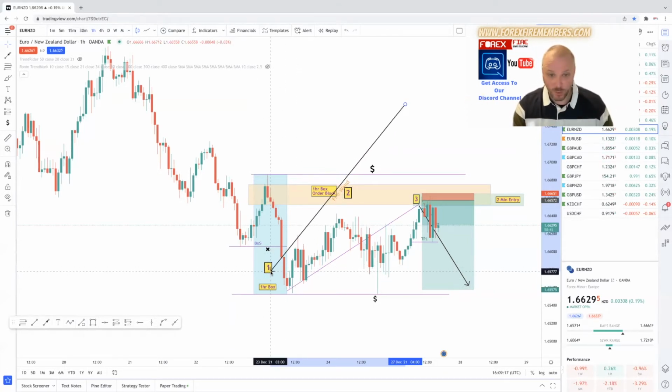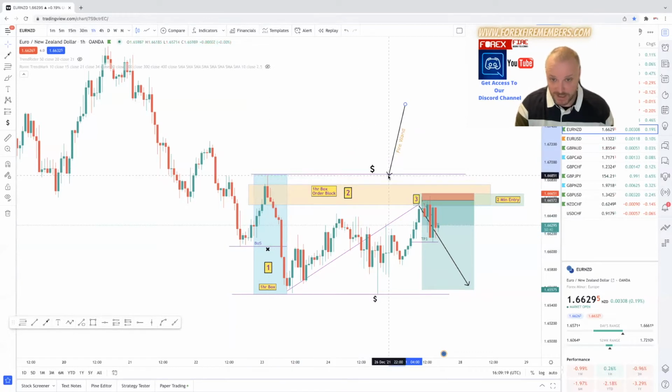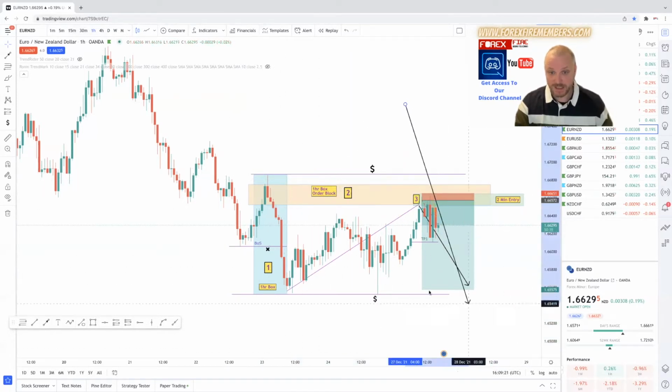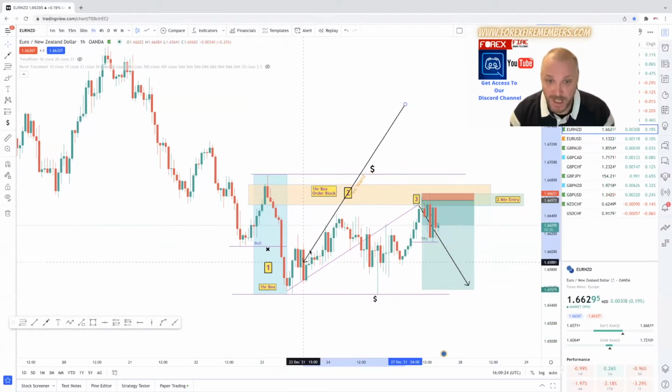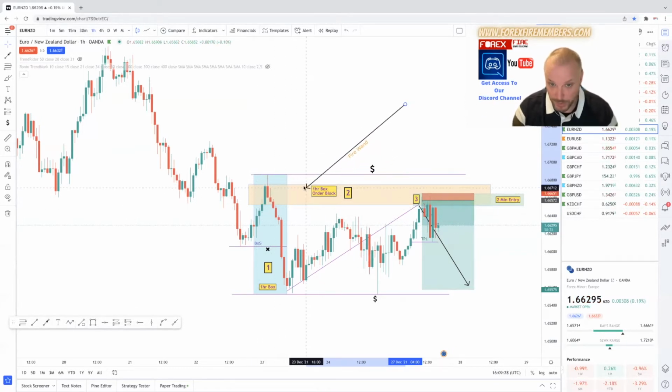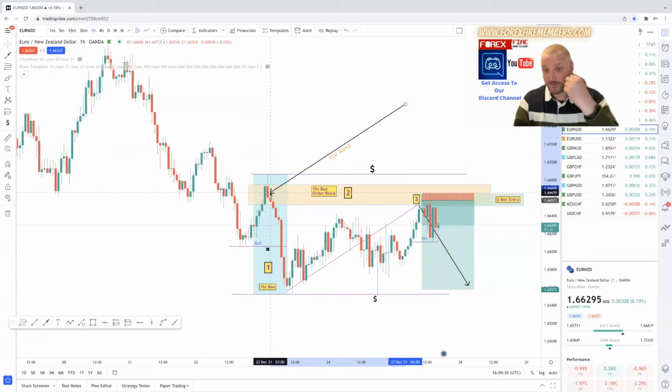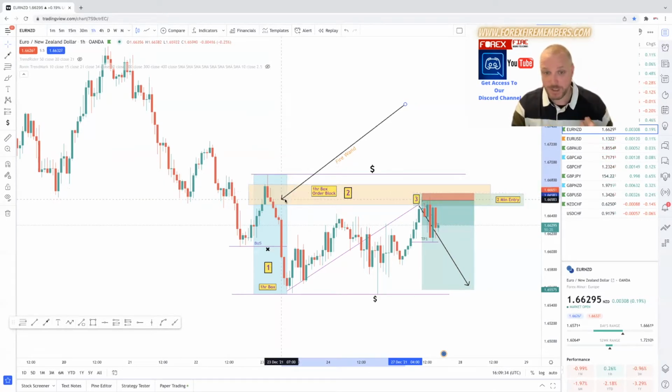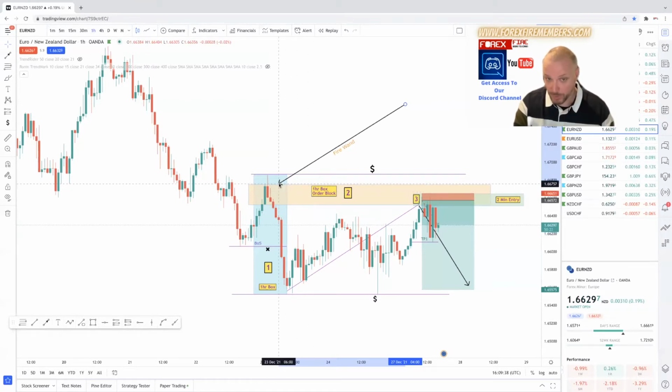Once you've identified your box, you are identifying your buy side liquidity and sell side liquidity. From there, we can instantly identify the order block for box number 2. So you've got a 3-step process, the 1, 2, 3 box method. Box number 2 will contain your order block.